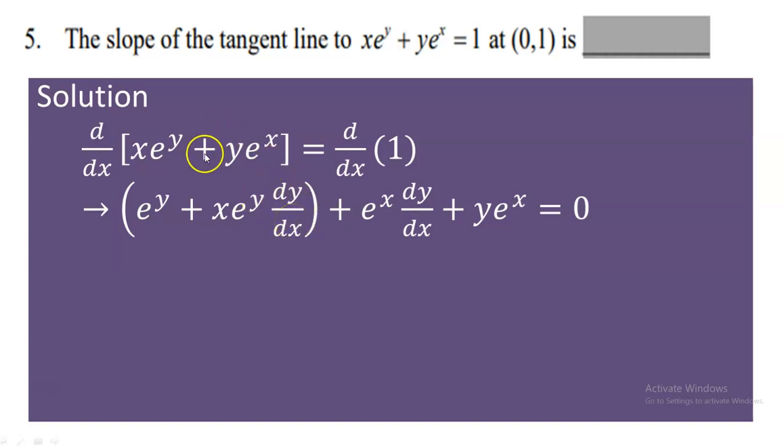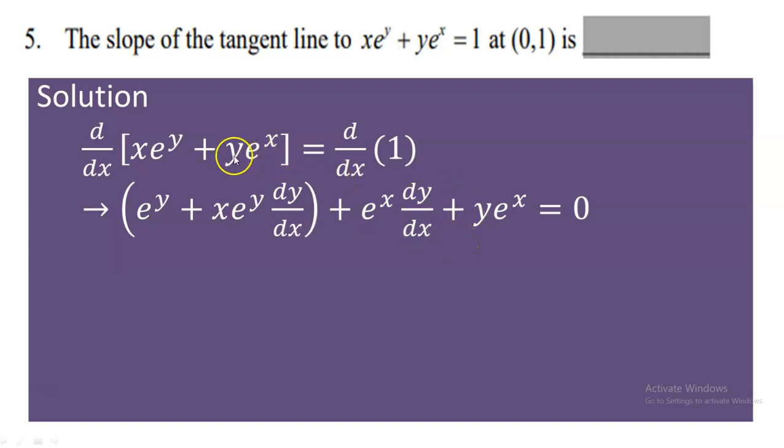Then because of this plus sign, you have plus here, and you need to differentiate this term again using a rule of derivative. Applying the product rule again, you see such an expression. As you differentiate y with respect to x, it will be dy over dx, and the multiplier e to the power of x comes as it is. Then plus comes because of this derivative rule.